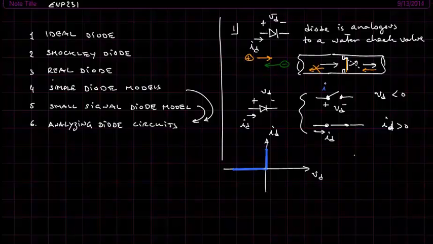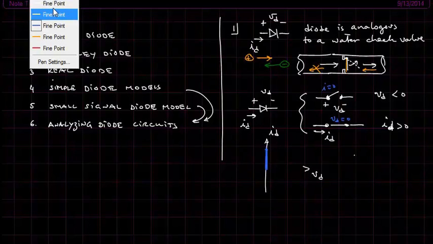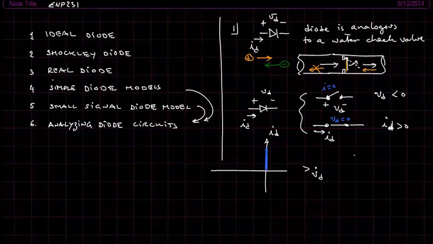This means I is equal to 0, and this means V is equal to 0. Maybe I should do these in two different colors. That might be useful. So let me redraw this, and we'll do this in orange for ID is equal to 0 here.